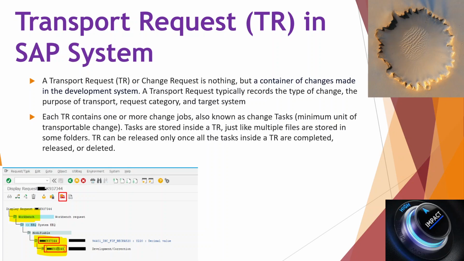This screen belongs to the SE09 or SE10 transaction code. You can check from there. A transport request or change request is nothing but a container of changes made in the development system. A transport request typically records the type of change, the purpose of transport, request category, and the target system where it is finally supposed to go.